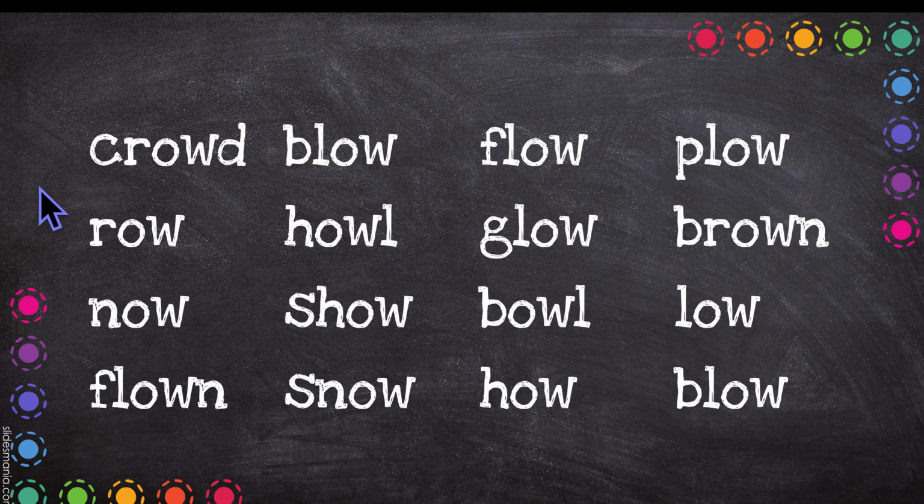Once again, we're going to practice with real words, and I want you to practice pronouncing each word both ways, both with O and ow. We will always start with the O sound first.